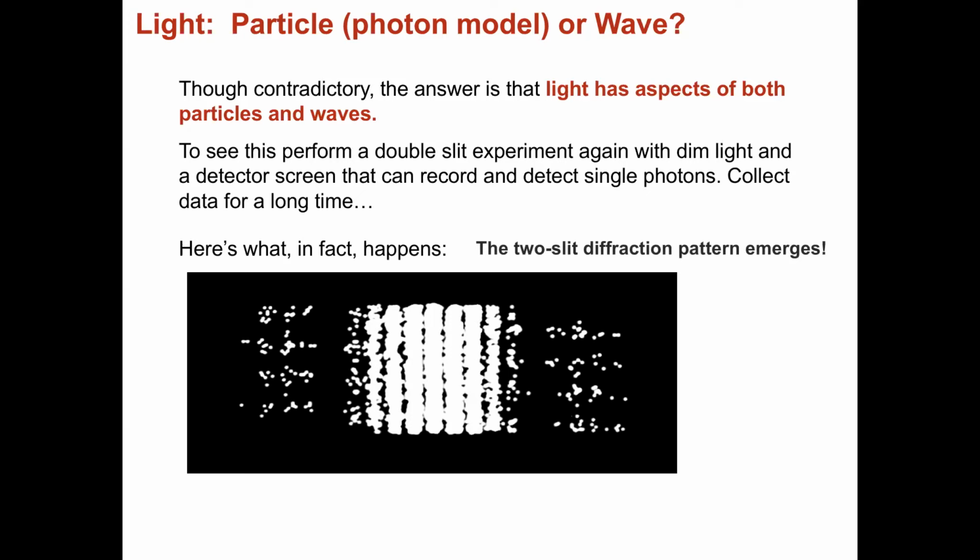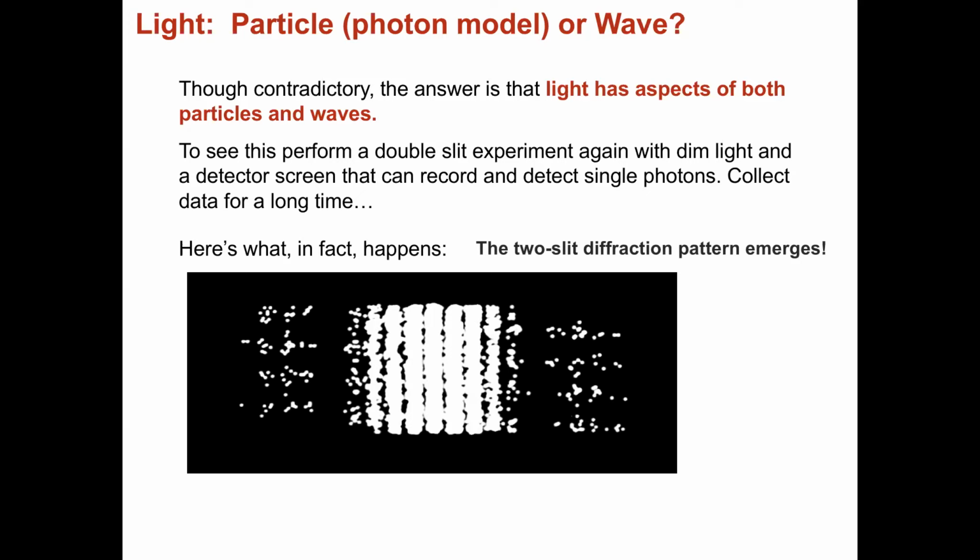Even if we use a really dim light source, where individual photons can be measured and detected one at a time, eventually the wave properties of light emerge if we measure for long enough.